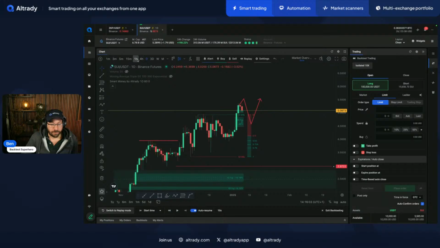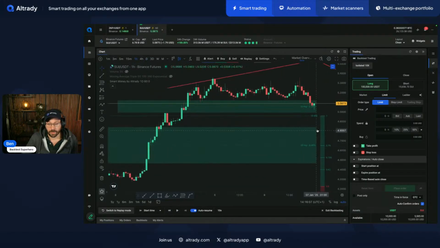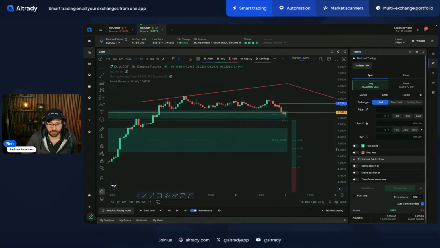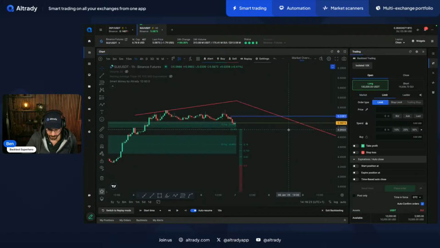Okay, so we get our first fair value gap entry. There it is. That makes the shift here. I would prefer it if we get into this fair value gap, just because we have more room to play, because this is not a trade that we can easily take.